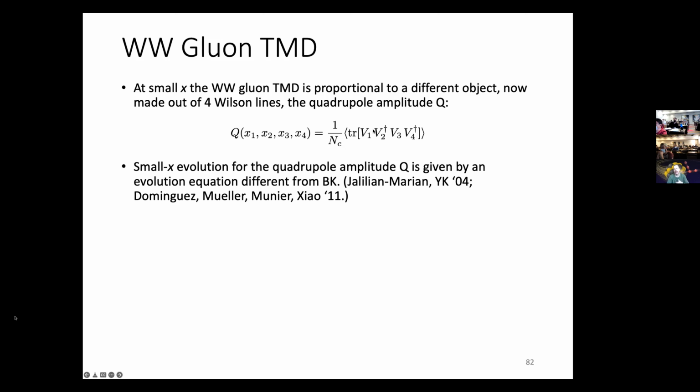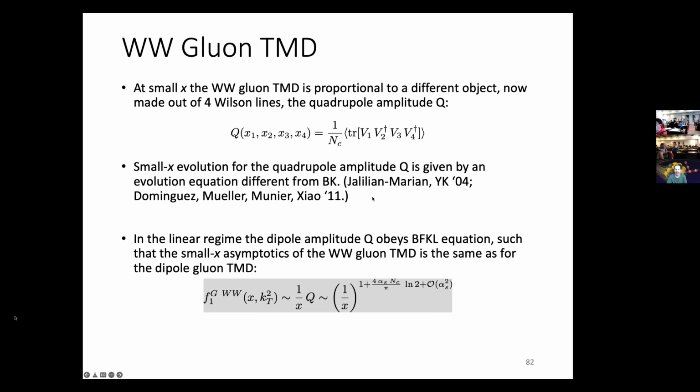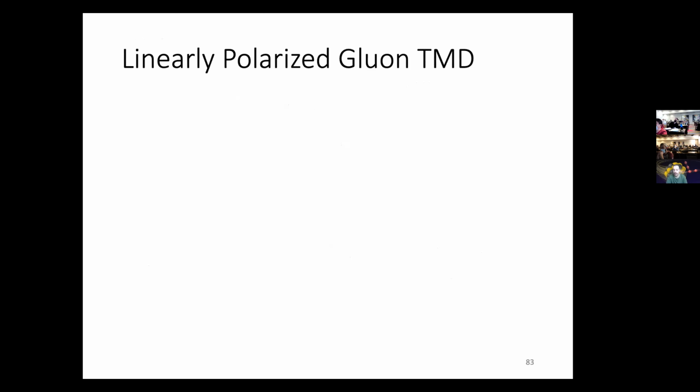Bottom line is you have to write a separate evolution equation for the quadrupole. That actually had been done before, but in the linear regime, it still reduces to BFKL evolution. So this Weizsäcker-Williams Gluon TMD has the same small x asymptotics as the dipole one in a linear regime. Once you hit the saturation regime, the 2 TMDs are different, but I'm not going there in this brief review.